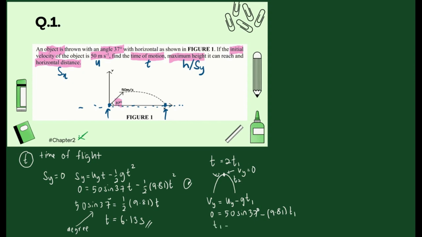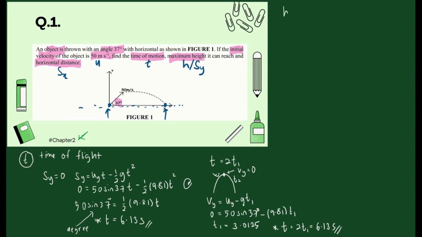Then you're supposed to have your T1 as 3.0125. Then to get your time of motion, you're supposed to have the same answer as the previous method. So that is the time of motion.